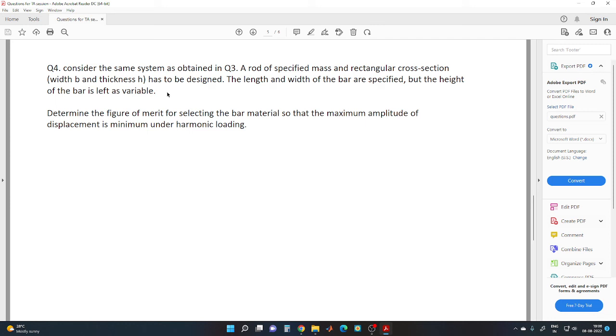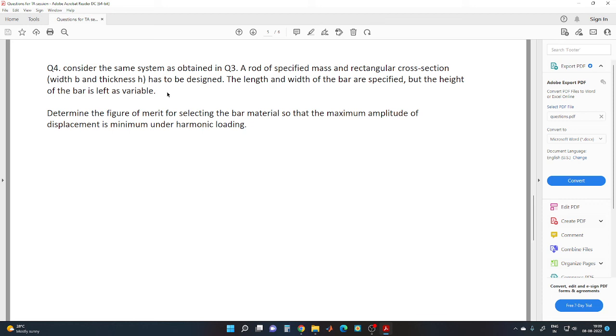So what we have to do is design a figure of merit. Figure of merit is nothing but an expression. Basically, you have to derive an expression which deals with the variables, the overall variable ratios which you have to look for while designing the material. There is a problem given in the lecture as well, which deals with a beam with transverse loading.